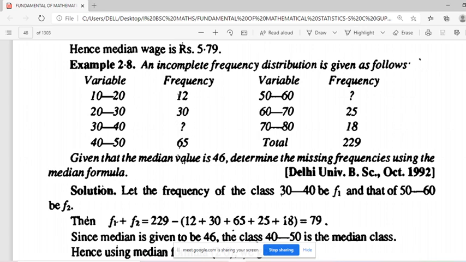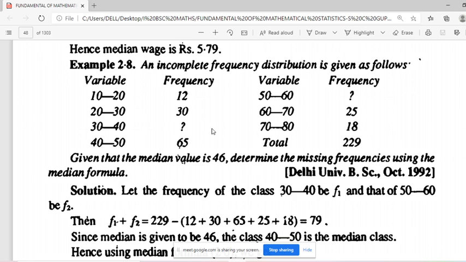The total is 229, half is 114.5, and the previous half is 12 plus 30, and the total of the last two classes is 48, and the total of these two classes is 79.